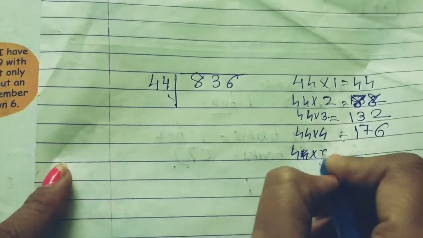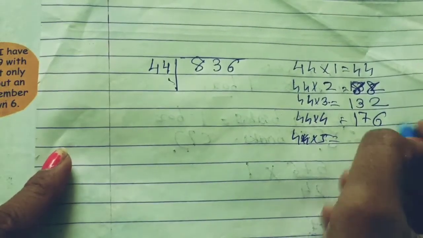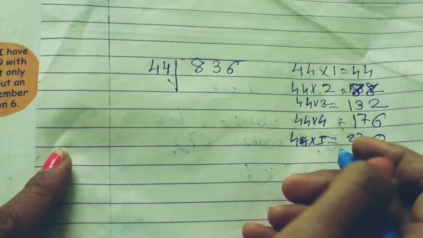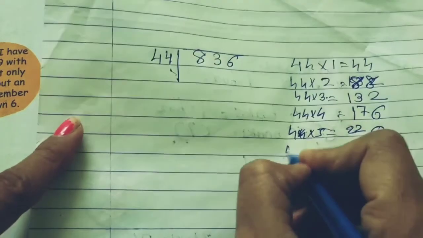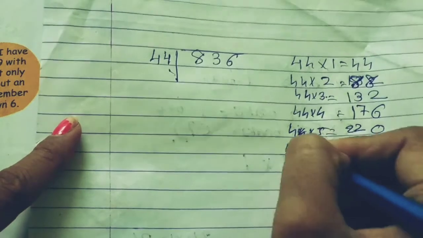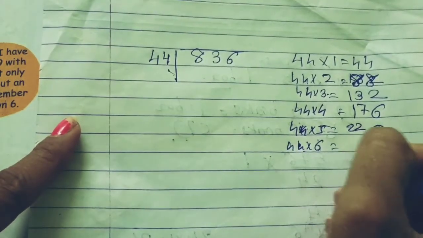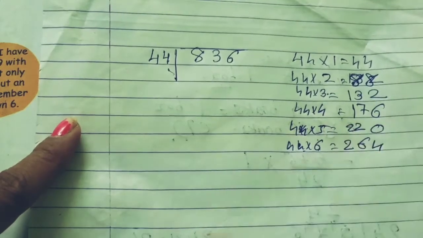44 5s are, 4 5s are 20, 20 and 2 22. Then 44 6s are, 6 4s are 24, 24 plus 2 25 and 26.